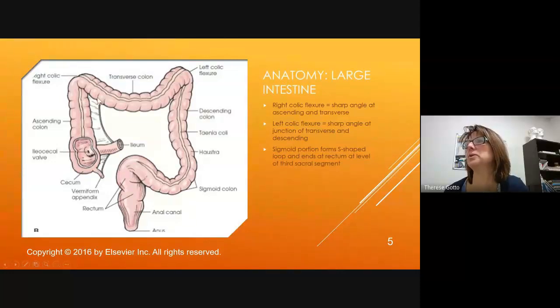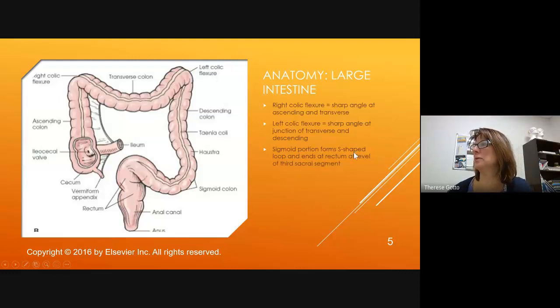Transverse colon. Then we have our left colic flexure, also known as the splenic because the spleen sits right here. Then the descending. Here's your teni coli, your haustra. Your sigmoid colon is the S-shaped part of the lower colon. Then we have the rectum and the anal canal and anus.